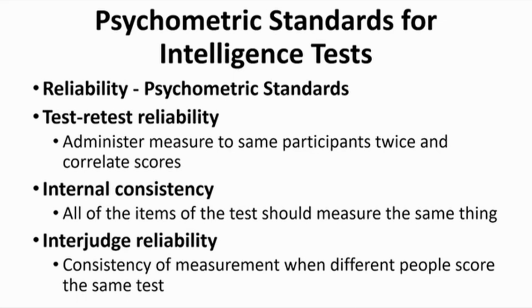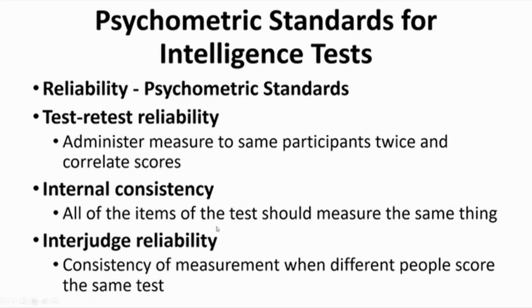This is less of a problem if you're doing something like a multiple choice standardized IQ test, where you don't really have someone rating or judging your responses because they fall into those strict categories of A, B, C, or D. But if you're doing something where, say, a psychologist has to sit and evaluate your response, then your score can change depending on who's doing that scoring.